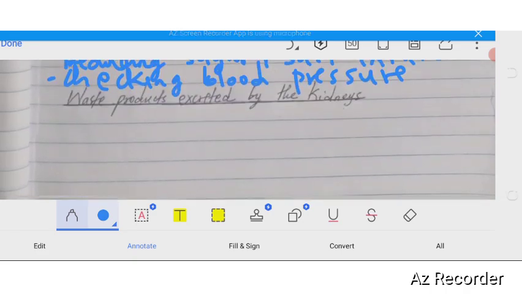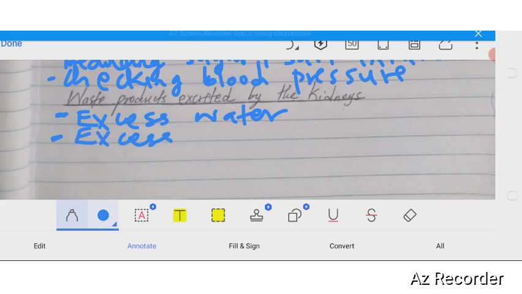So last but not least, waste products excreted by the kidney. What are these waste products that are removed by the kidney? Number one, we have excess water. Number two, excess salt.